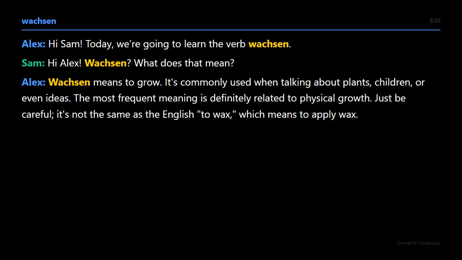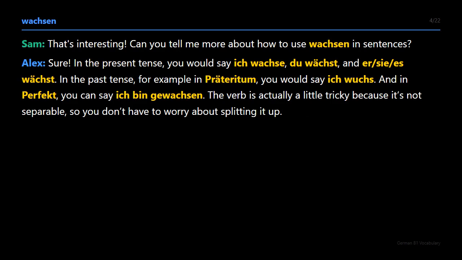That's interesting. Can you tell me more about how to use wachsen in sentences? Sure. In the present tense, you would say, ich wachse, du wächst, and sie, es wächst.